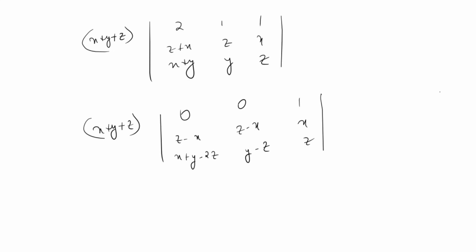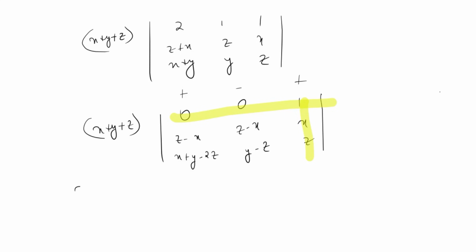As we can see, we have got two 0s in row 1, so this is the time for our expansion. If we expand with respect to row 1, then the signs will be plus, minus and plus as per the cofactors.